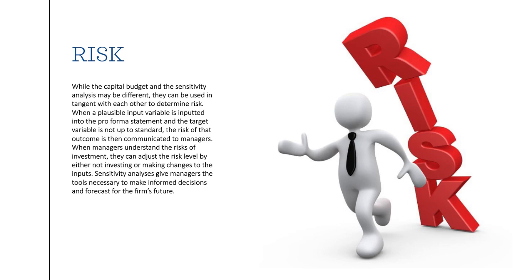When a plausible input variable is inputted into the pro forma statement, and the target variable is not up to standard, the risk of that outcome is then communicated to managers. When managers understand the risks of investment, they can adjust the risk level by either not investing or making changes to the inputs. Sensitivity analyses give managers the tools necessary to make informed decisions and forecast for the firm's future.